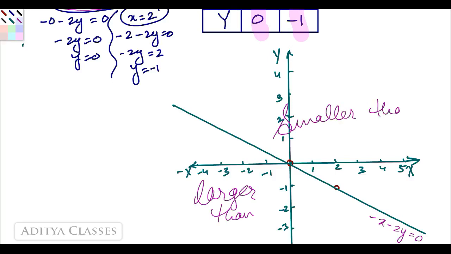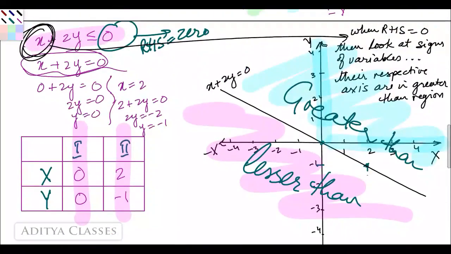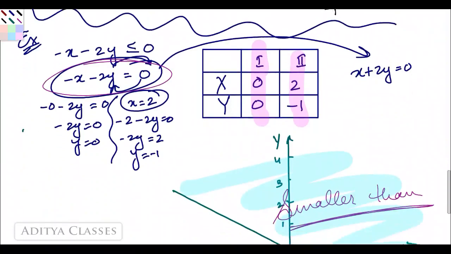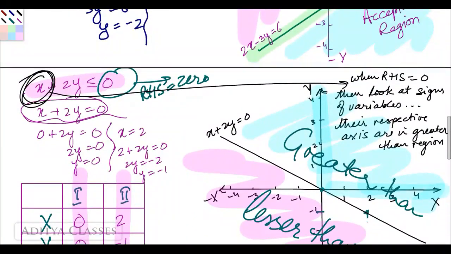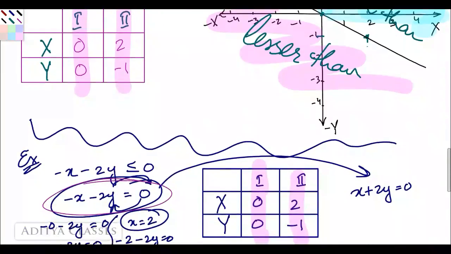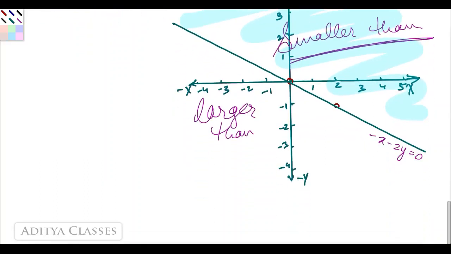This is my smaller than area. Fine. This is smaller than. Now if we compare these two cases, we had greater than in an earlier case, but now I have smaller than. So we need to look at these constraints very carefully. If we have a very good idea of these constraints, we can go ahead and solve the problems.